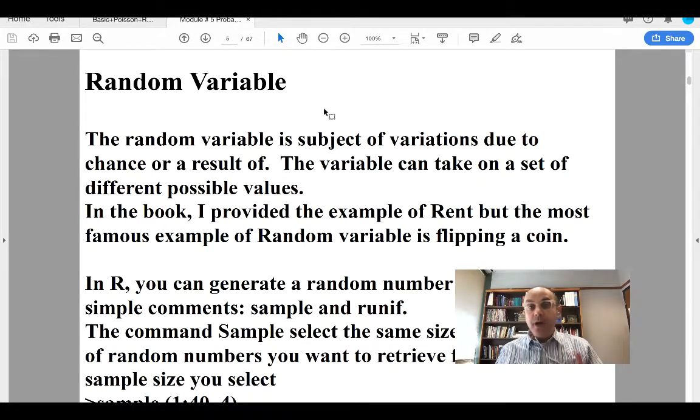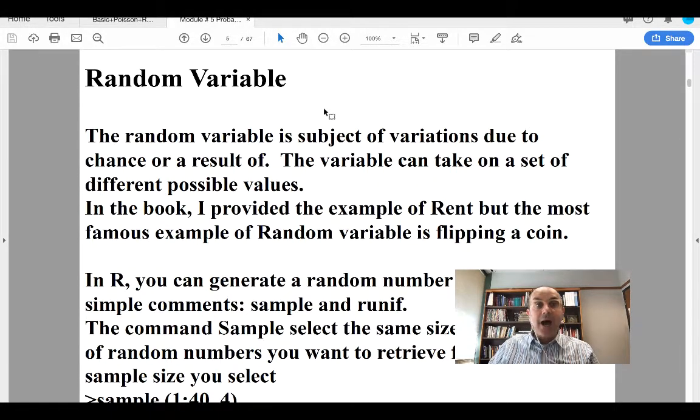In R, when we are flipping a coin, or generating a random number, we have a command for sample, where you select the range and the number of random numbers you want to retrieve. For example, the command is sample, 1 to 40 is the range that I want you to select from, and I want 4 random numbers. So this is how it's done.